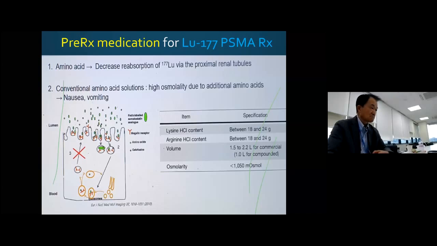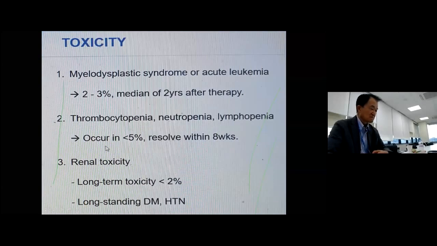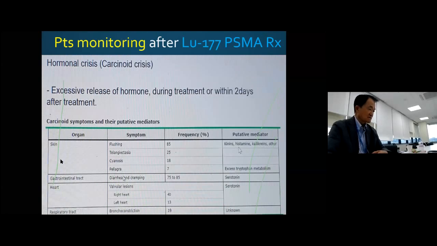As for toxicity, every therapy has toxicity, but much less compared to chemotherapy, particularly hematological complications. There's some renal toxicity, but it's manageable. In monitoring after this therapy, we always think about hormonal crisis, which affects the skin, intestine, heart, and respiratory system.